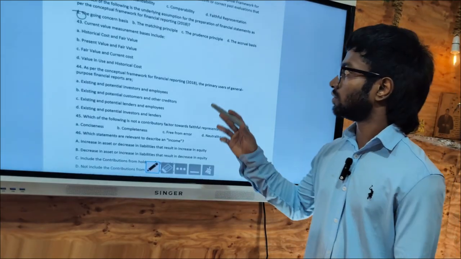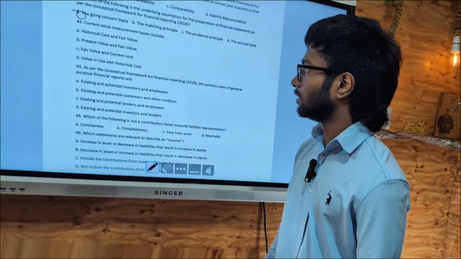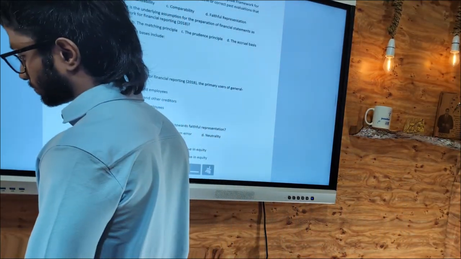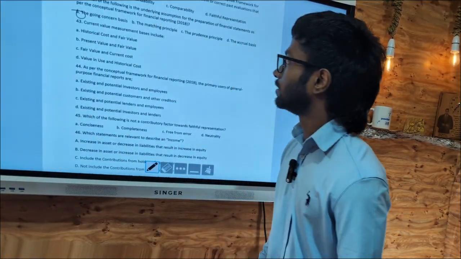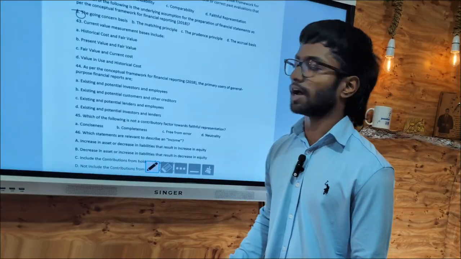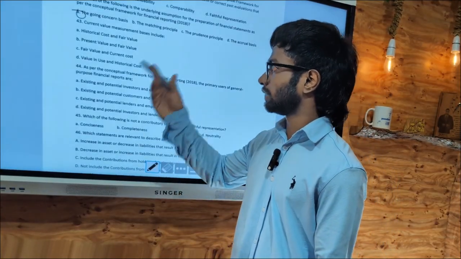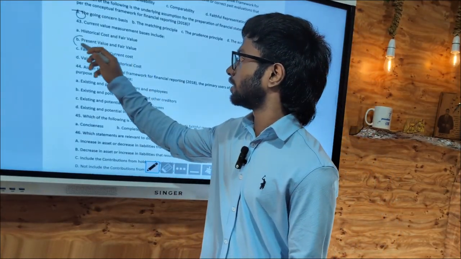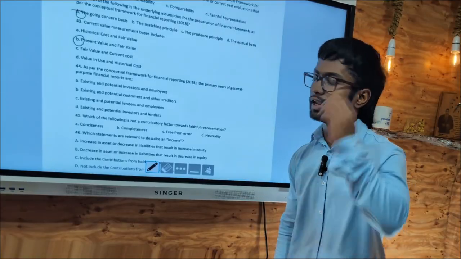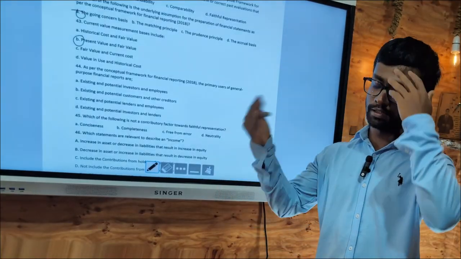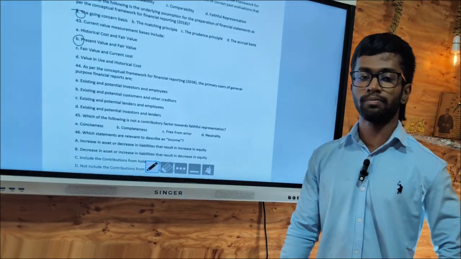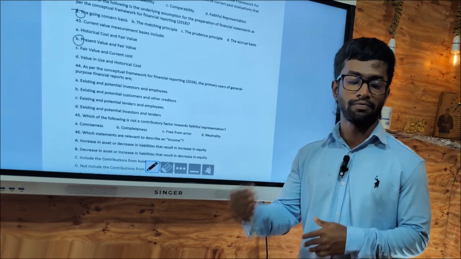Current value measurement basis includes basically present value and also fair value. Current value will include present value and the amount that you can exchange it for. Basically present value is the value at the moment. Fair value is the amount that you can exchange it for.